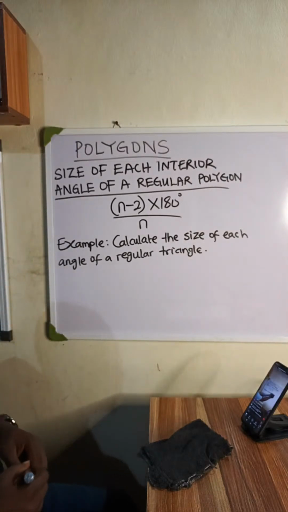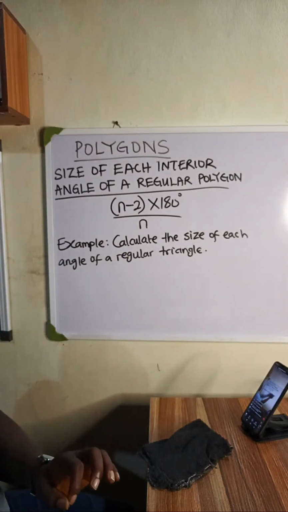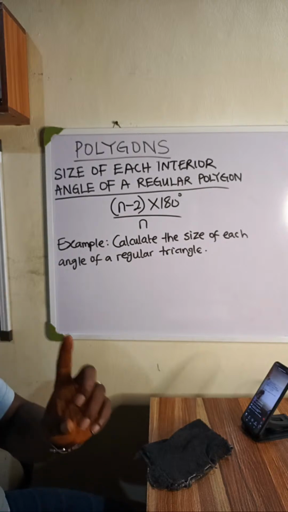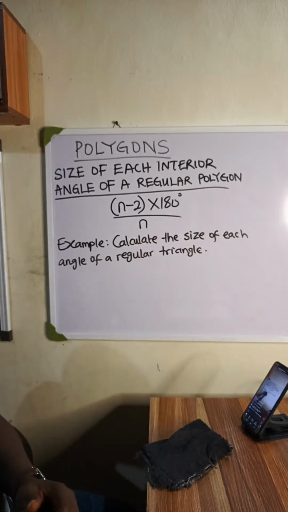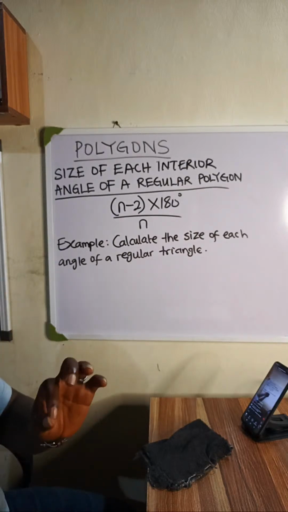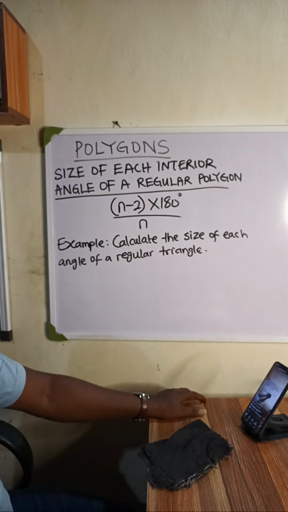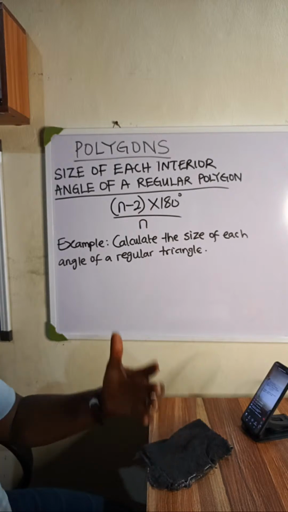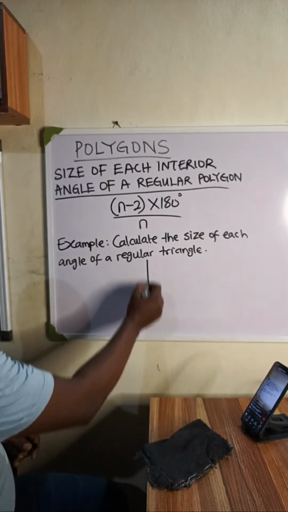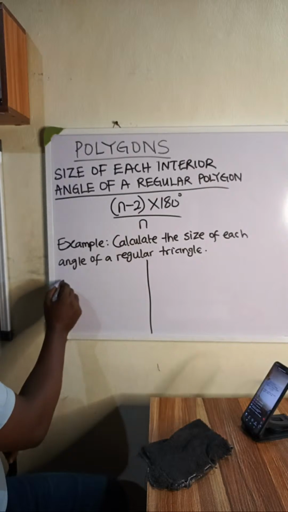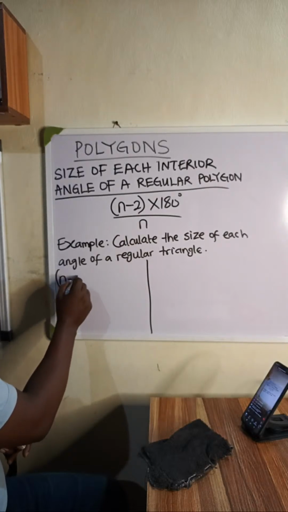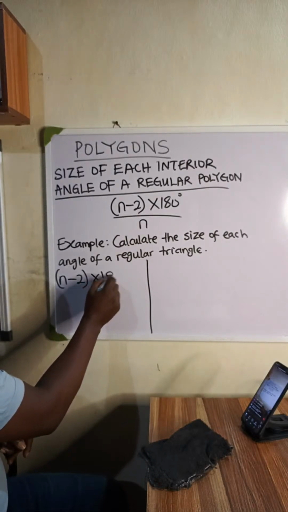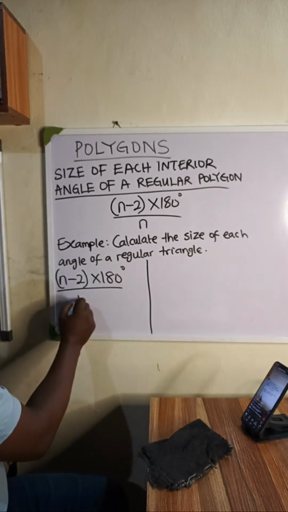let's calculate the size of each angle of a regular triangle. By the way, a regular triangle is called an equilateral triangle because for an equilateral triangle, all the sides and all the angles are equal. So using this formula, we have n minus 2 times 180 degrees all over n.